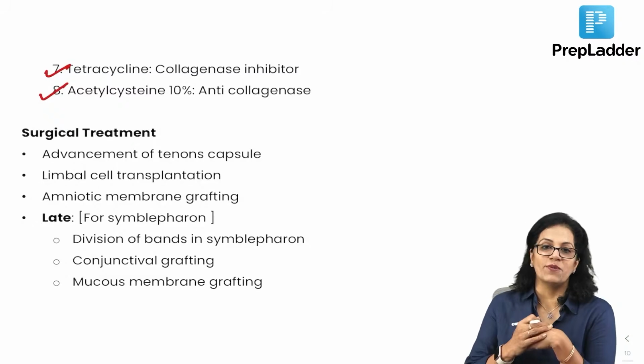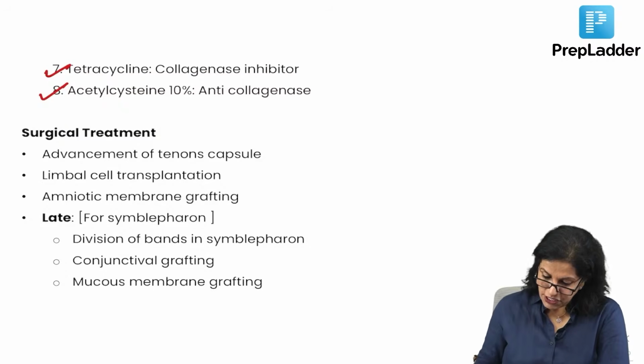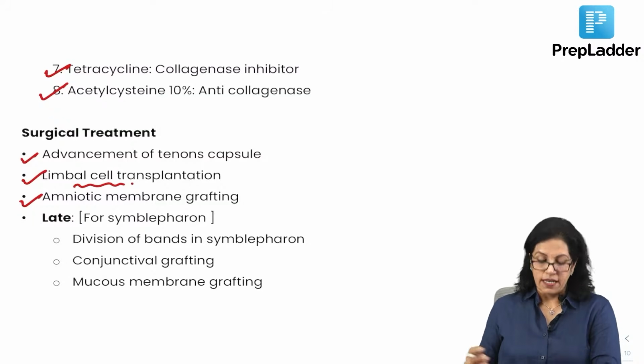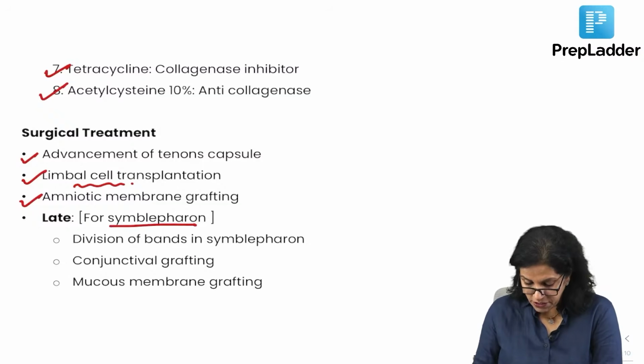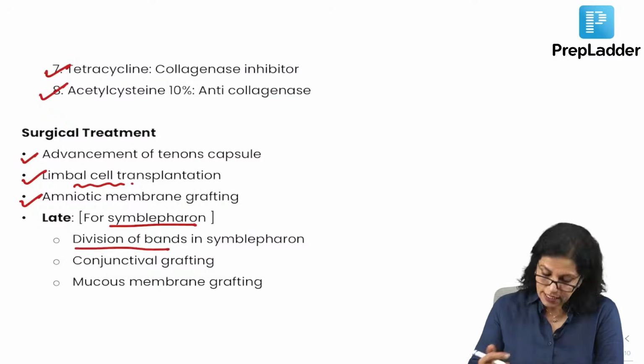Every year they ask you something like this. Surgical treatment, just to finish the list, we should have a look at what can be done. Once there is limbal cell ischemia, we can go for advancement of Tenon's capsule, limbal cell transplantation, amniotic membrane grafting. And if scarring has already formed, there is symblepharon, naturally we have to cut, but if we only cut and leave it, it is going to recur.